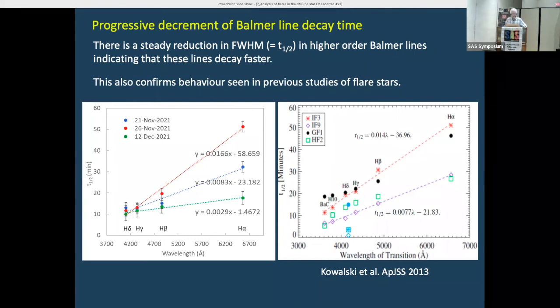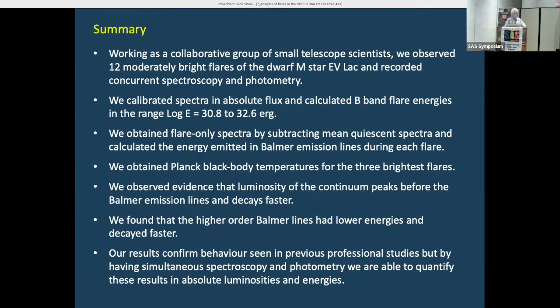And I think our results confirm the behavior seen in professional studies, because we have simultaneous spectroscopy and photometry, we're able to quantify these results in absolute luminosities and energies. So I'll just leave that up for a minute so you can have a look at it.